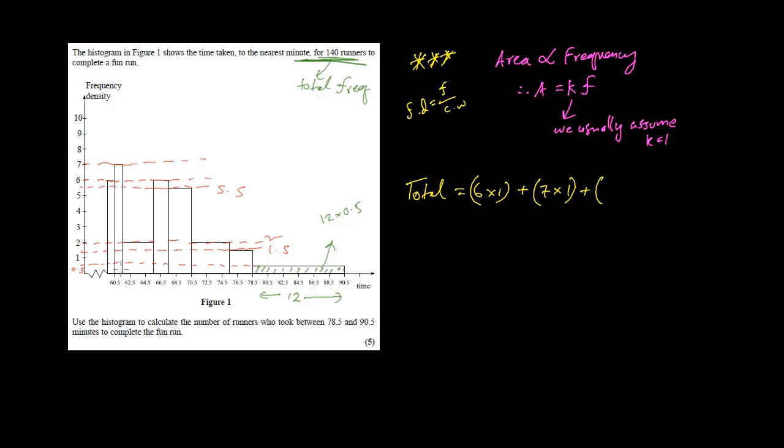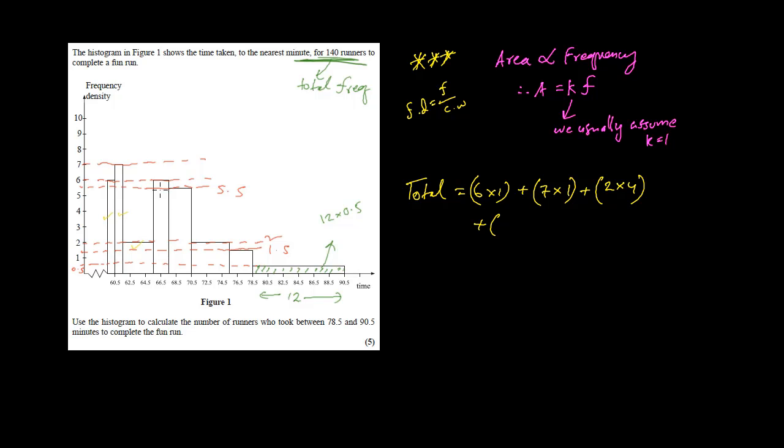The next bar is 1 unit, 2 units, so 3 units, and 1 unit, 4 units. So 4 times 2, where 2 is the frequency density, plus this one done, this one done.